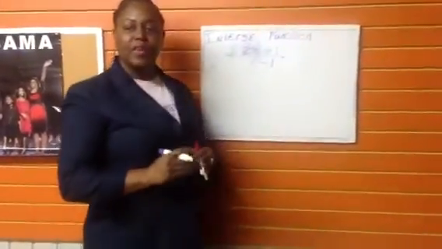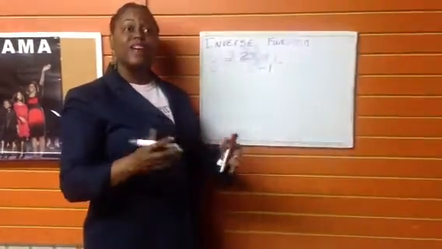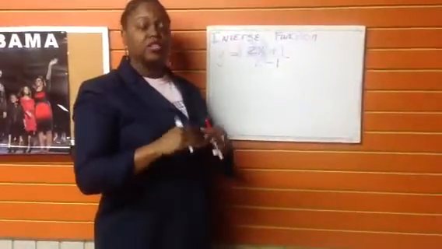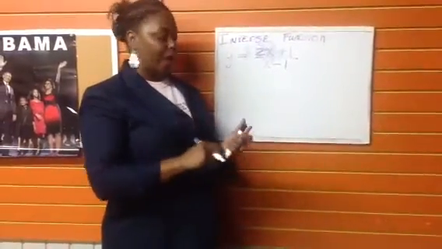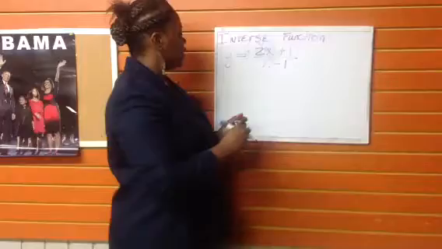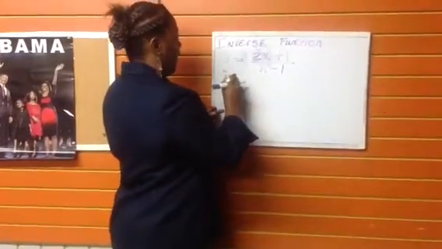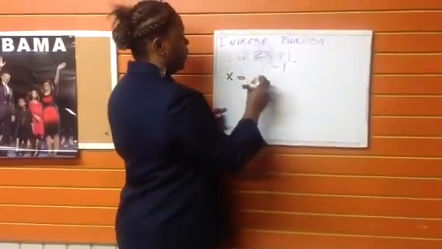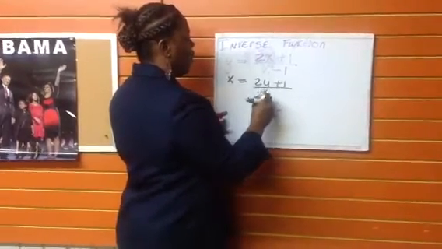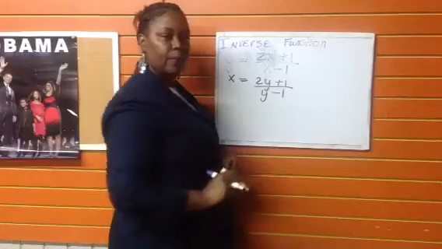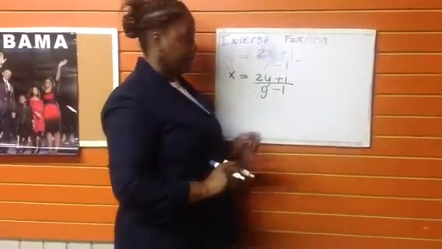We're looking for the inverse of this, which means to find the opposite of it. In order to do so, we're going to interchange the x with the y. So when we interchange, we're going to get x equals (2y plus 1) over (y minus 1). That's the interchange that happens here.